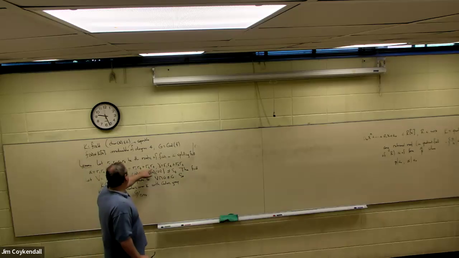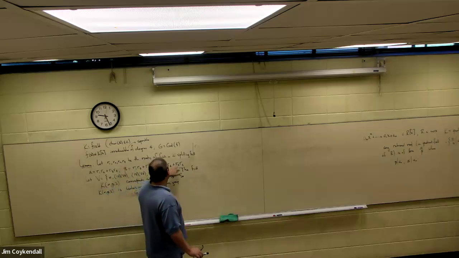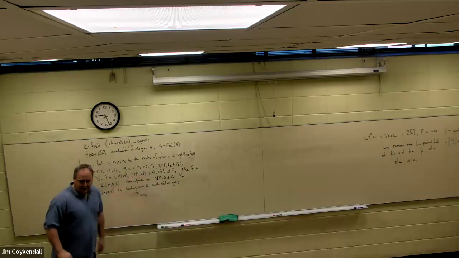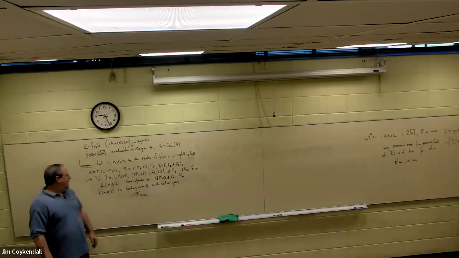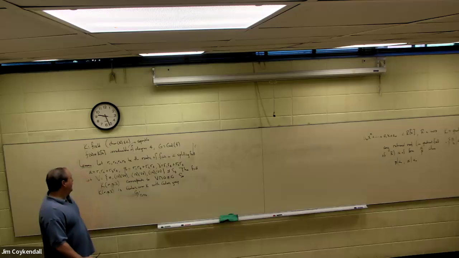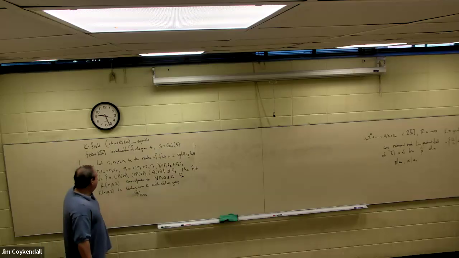Swapping 1, 3 and 2, 4 leaves this one alone. And swapping 1, 4 and 2, 3 leaves this one alone as well. And same for the other ones. Everybody agree with me? And so this thing is fixed by V, and hence the statement.